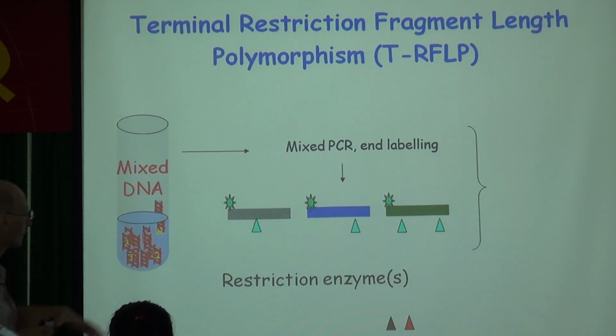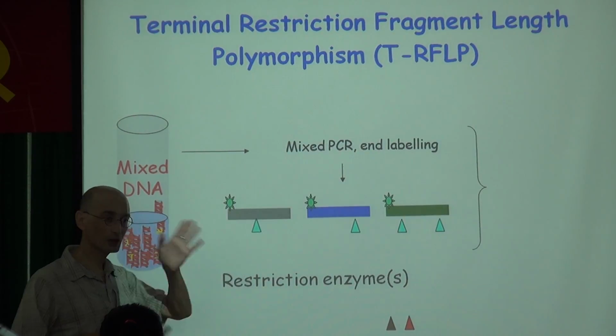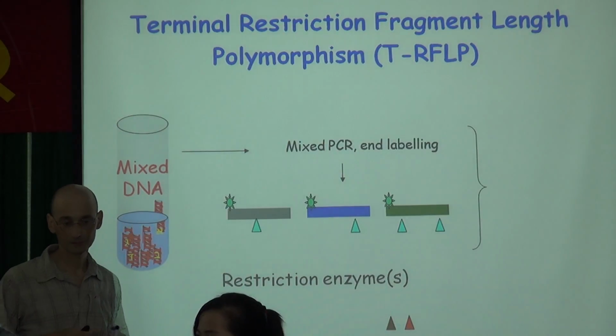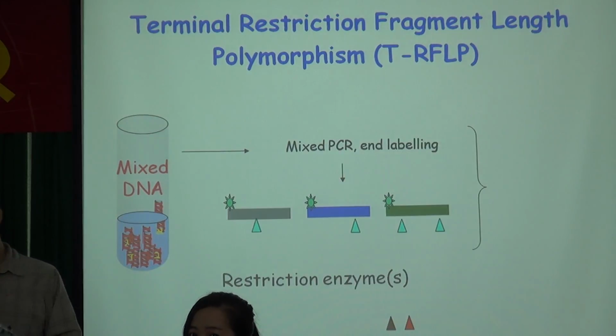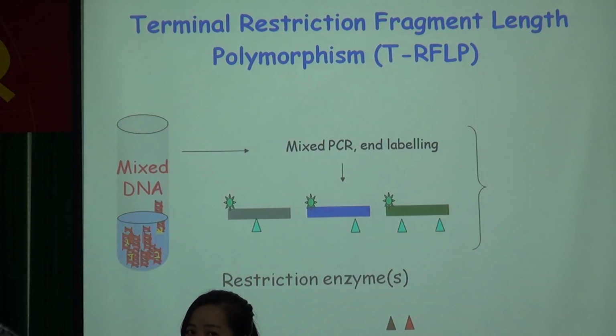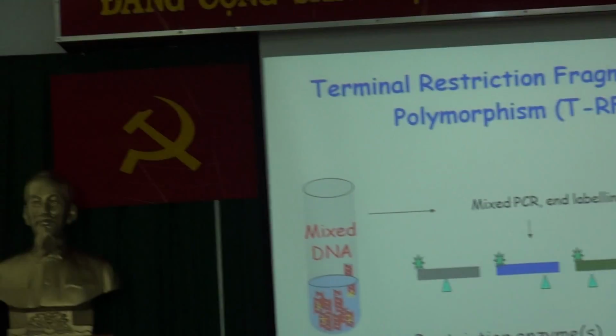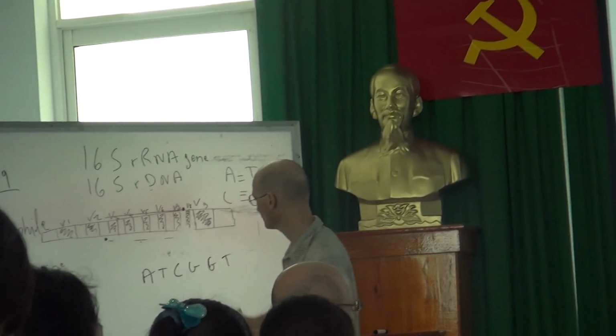Okay. Then you take your PCR product and you cut it with a restriction enzyme. Và mình sẽ cắt cái sản phẩm này bằng cái enzyme cắt. Just to remind you what restriction enzymes are, for those who may not remember, restriction enzyme is an enzyme that recognizes a certain sequence.